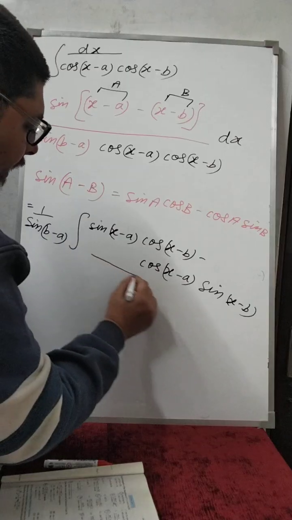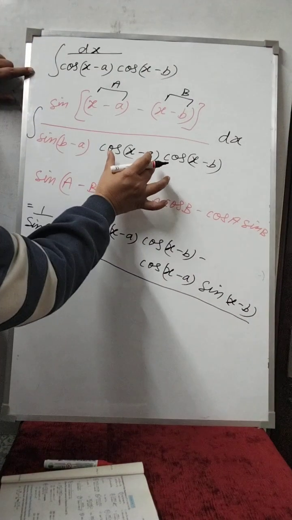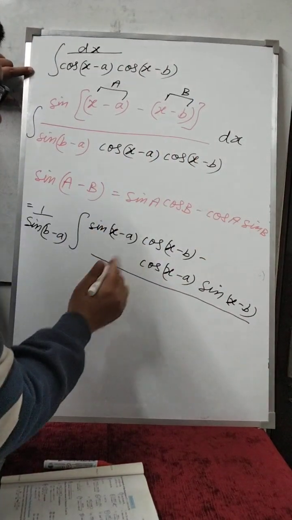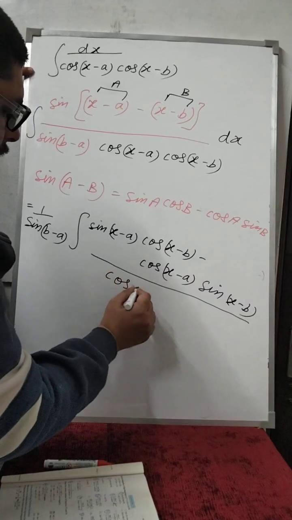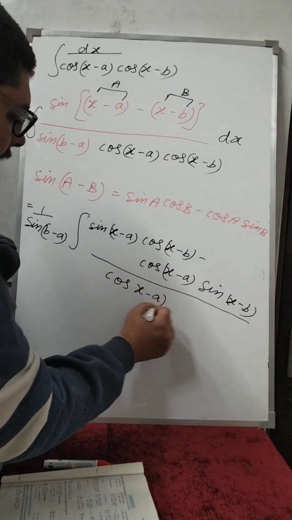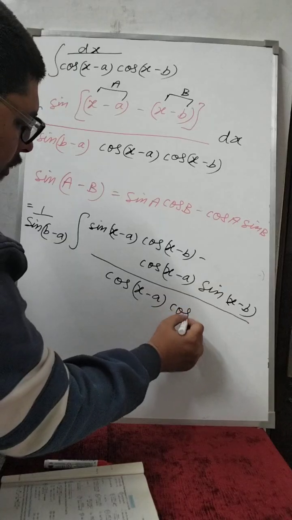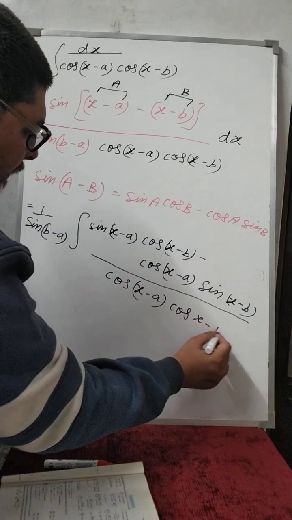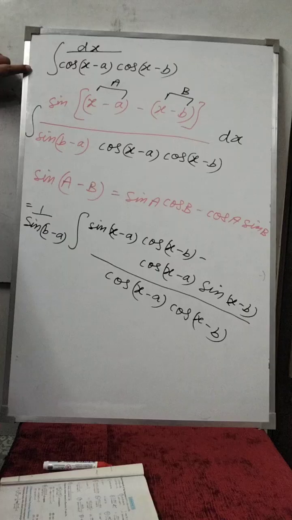And in the denominator what I have, cos x minus a, cos x minus b. This is in the denominator, friends.